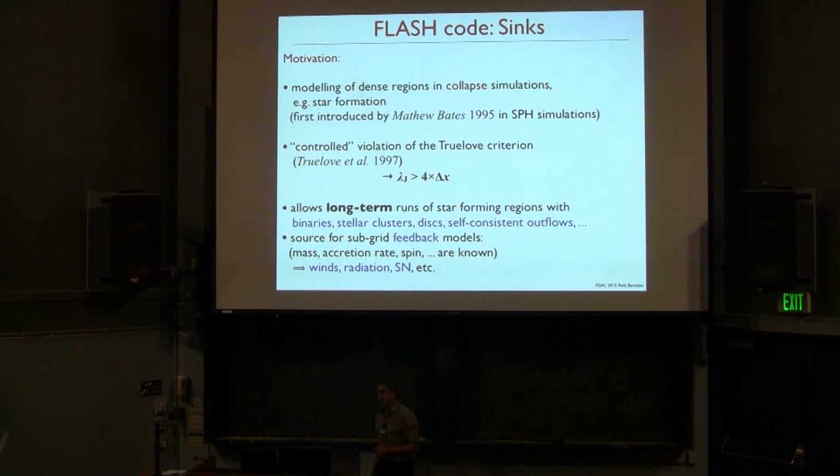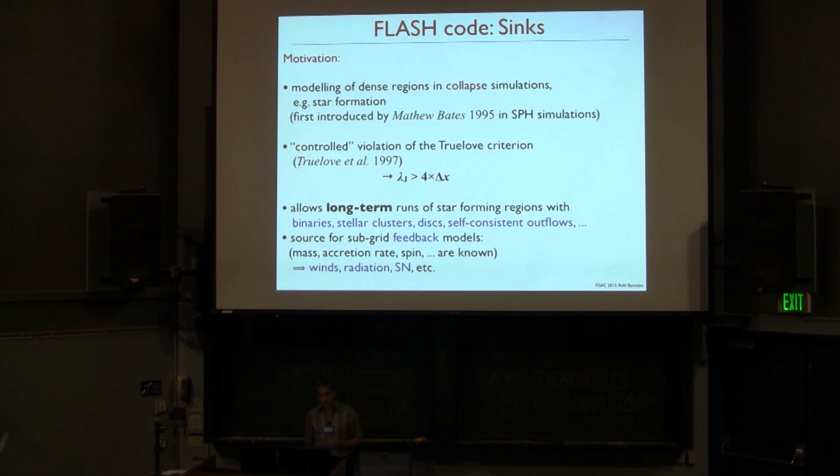And this problem was already noticed almost 20 years ago by Matthew Bate, and he implemented this kind of technique in his SPH simulation code, essentially replacing dense regions of gas with black boxes, black holes if you like.